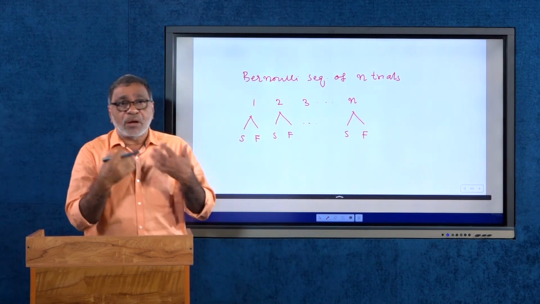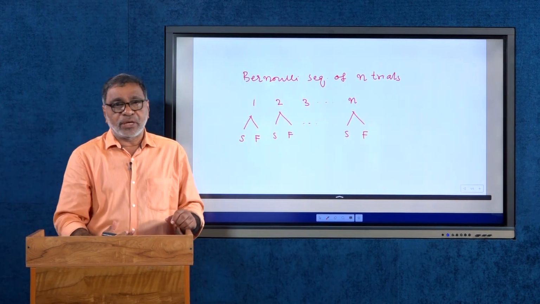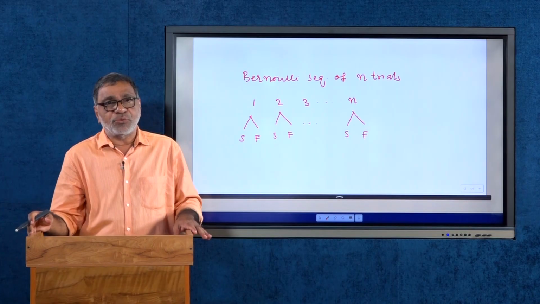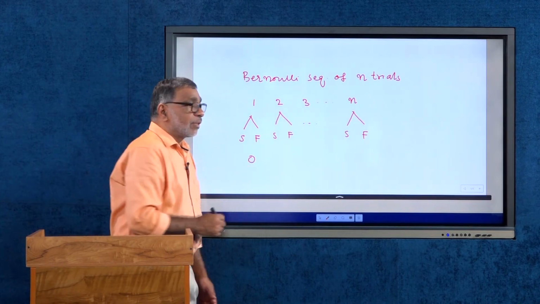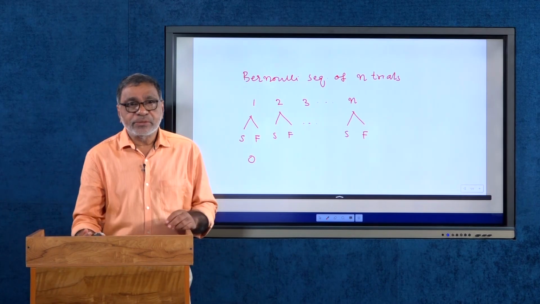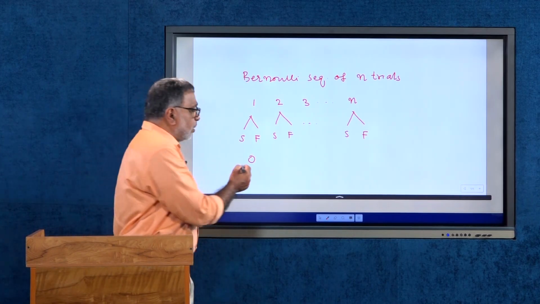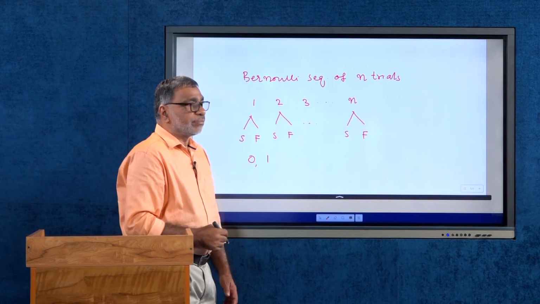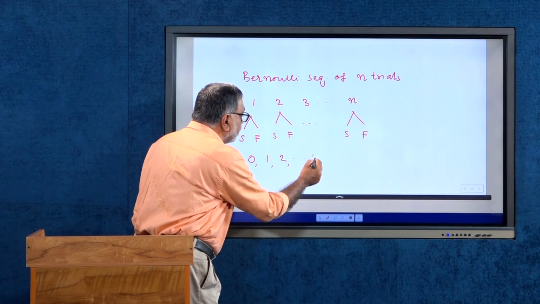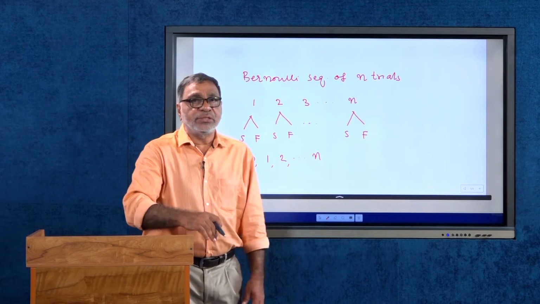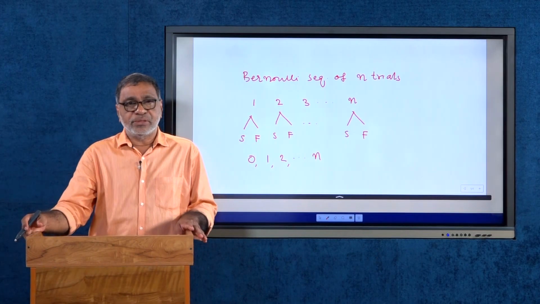Then you count the number of successes out of n trials. It may be 0, no success at all, or 1 success, or 2 successes, and so on, up to finally all resulting in success, that is n successes.